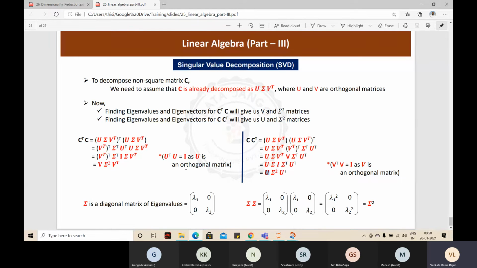Yes, that is good. This is column-wise relationship extraction, and this is row-wise relationship extraction. U will hold the row-wise relationship extraction, and V will hold the column relation extraction. There will be relationships between rows also, because it is not a square matrix. So we have to extract covariance between rows.